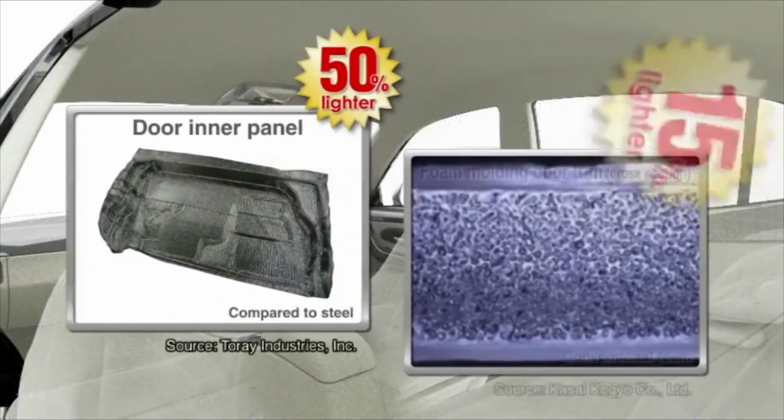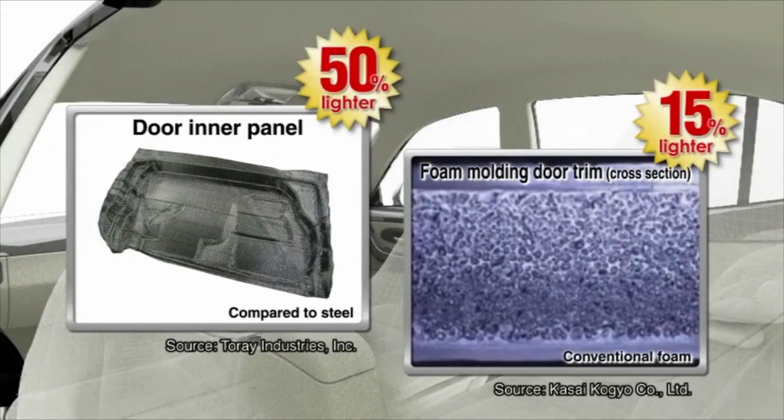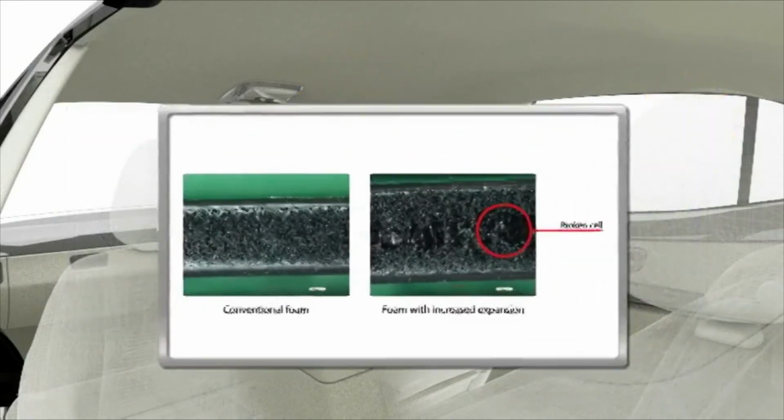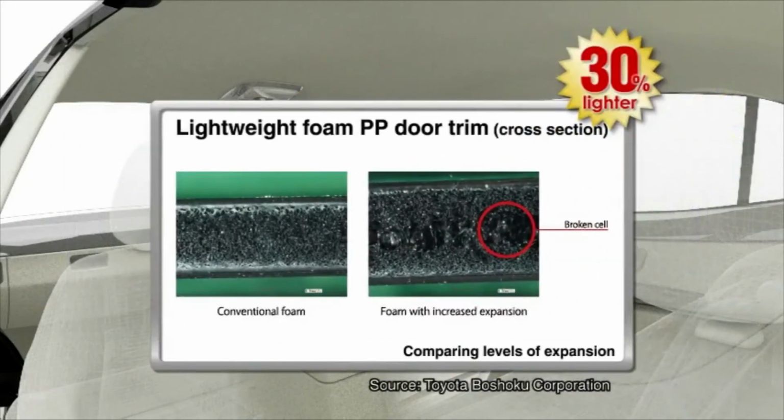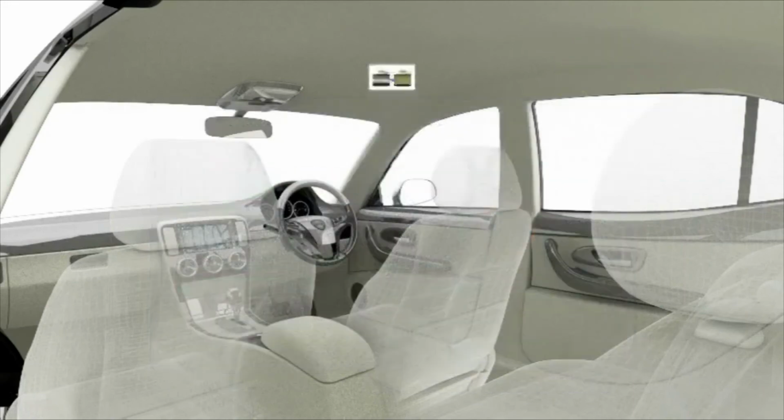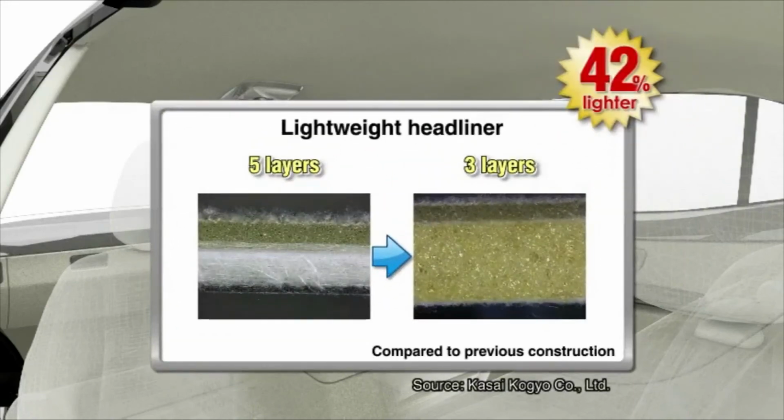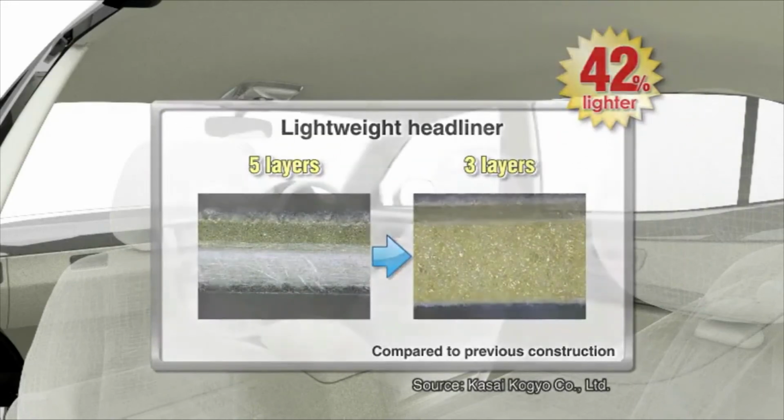In the interior, urethane foam ceilings and door trims made of carbon FRP and expanded polypropylene are examples of how new materials and design can recreate the strength and the quality of the original materials.